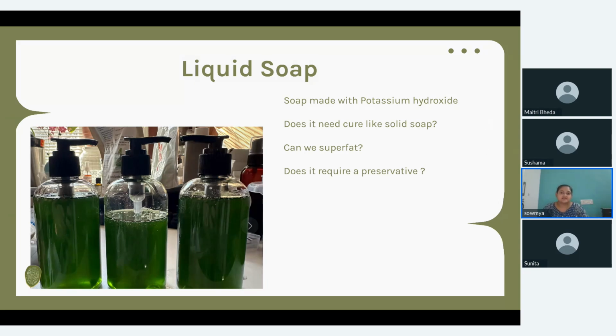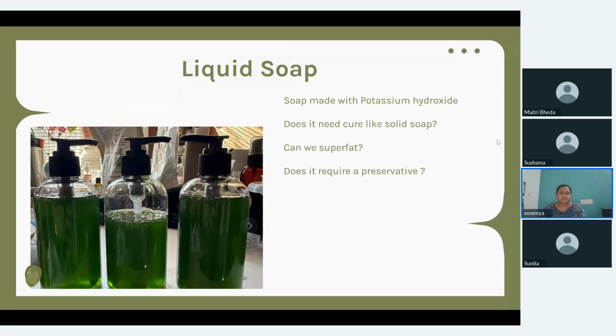But it is not necessary that you sequester your liquid soaps. You can start to use it immediately once you have made your soap paste and diluted it. Next, we will have a topic about superfat.